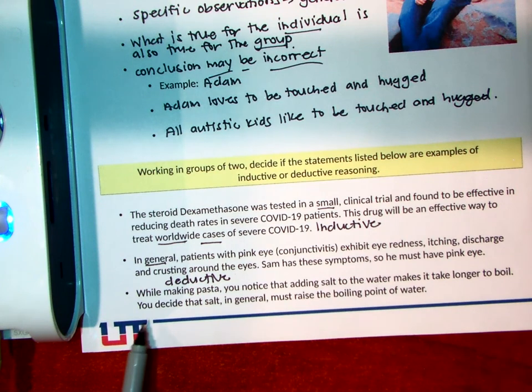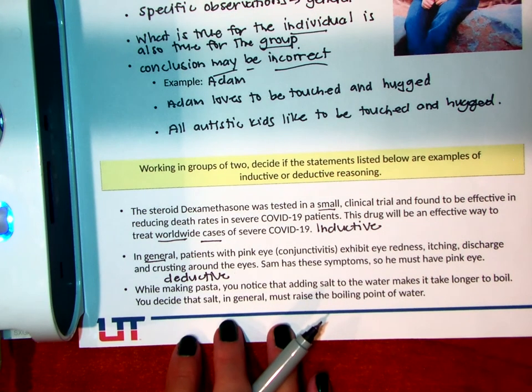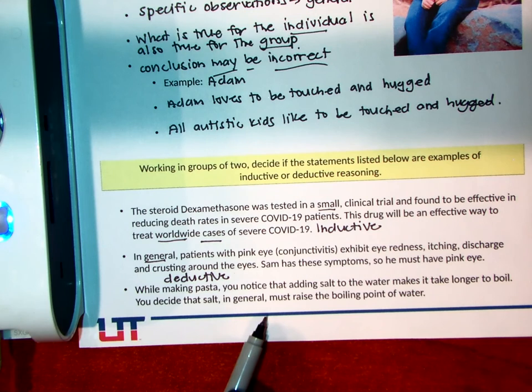And this last one, while making pasta, you notice that adding salt to the water makes it take longer to boil. You decide that salt, in general, must raise the boiling point of water. So decide if you think that's deductive or inductive reasoning.